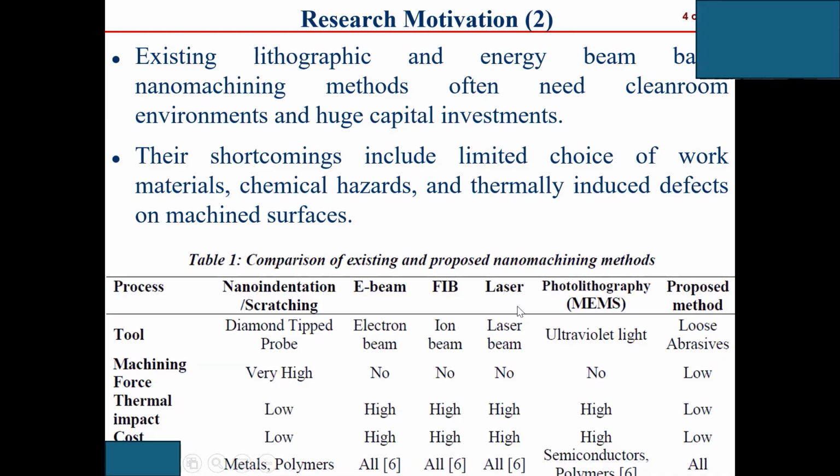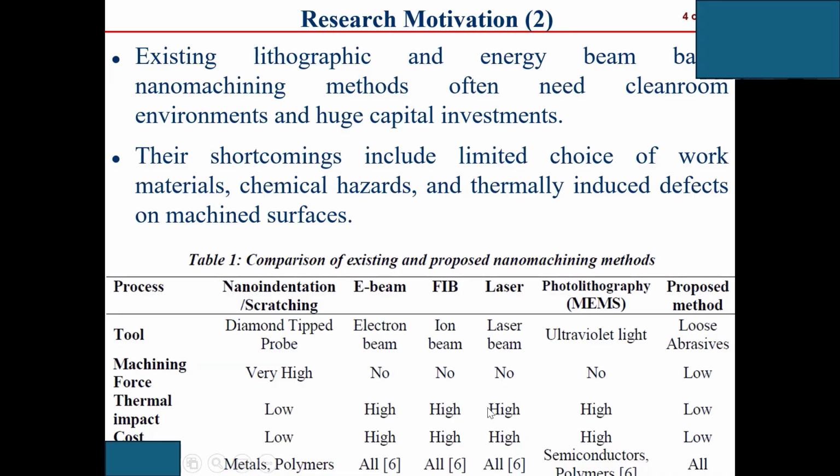Another one is laser, which uses a laser beam. As I introduced last time, Dr. Lei used the femtosecond laser to nano machine some very brittle materials, for example, silicon. Machining force is none, because it is a laser.